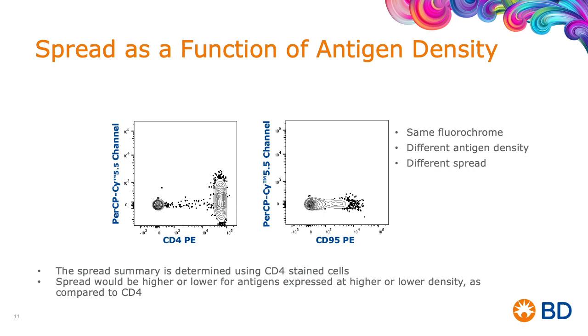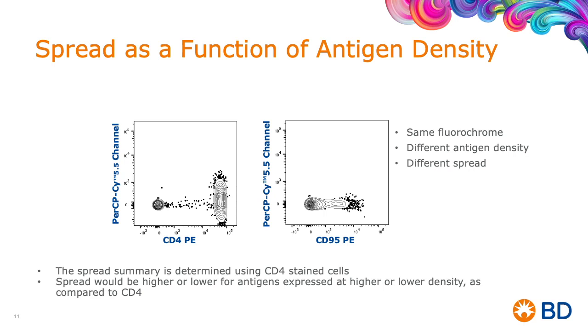Now we're using exactly the same fluorochrome, exactly the same instrument on the same day with the same settings. The only difference here is the antigen. CD4 is highly expressed. CD95 is expressed at low levels.